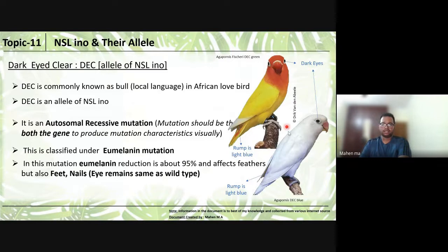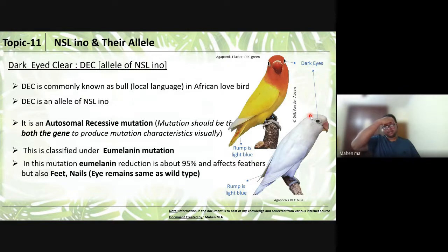If you see both the blue series as well as the green series, it almost looks like an Ino bird. But the only difference between an Ino bird and a deck bird is that you will have a dark eye, a red eye, and you will have a rump which is blue in both the green series bird and the blue series bird when compared to the Ino bird. So this is the difference between Ino and deck.